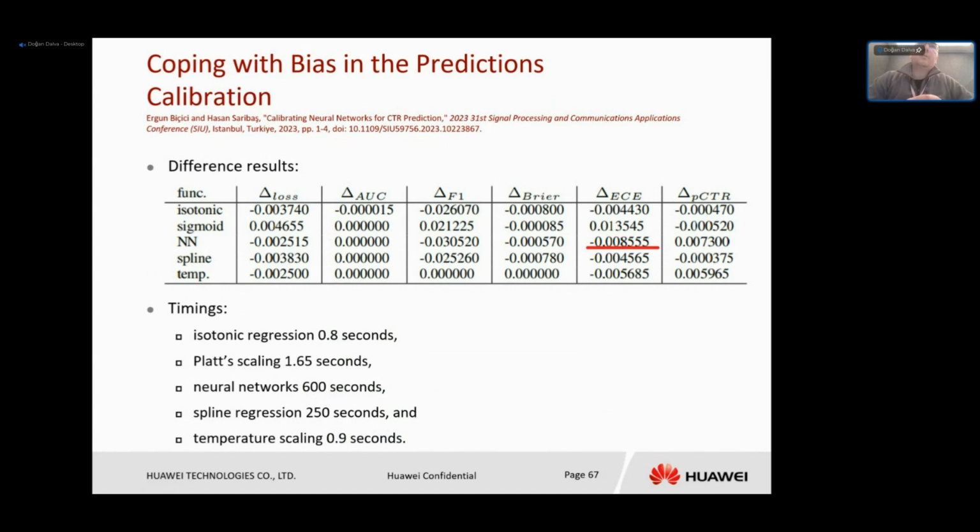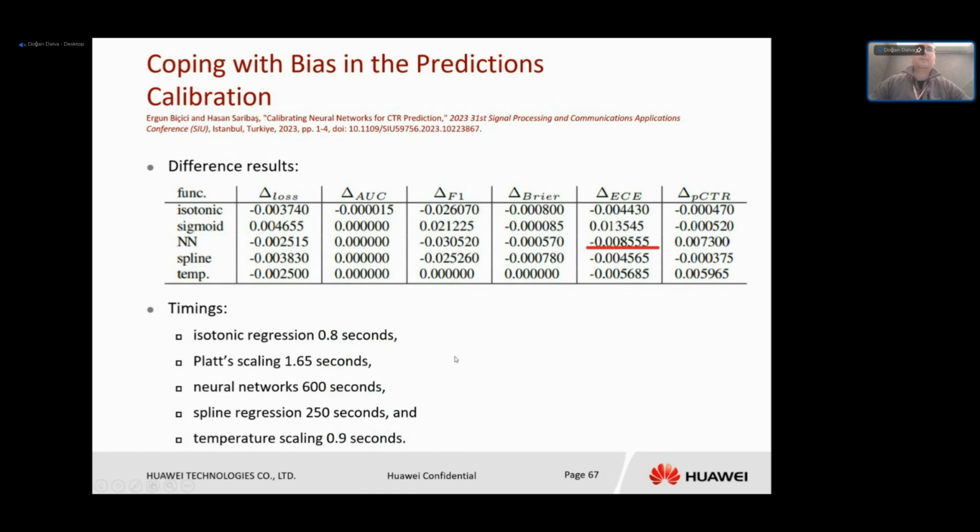It's negligible. But comparing the differences in the loss, AUC, and F1, isotonic regression achieves good results with the fastest technique among the calibration techniques that we compared.